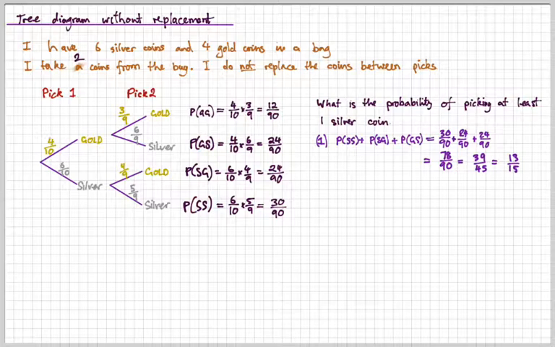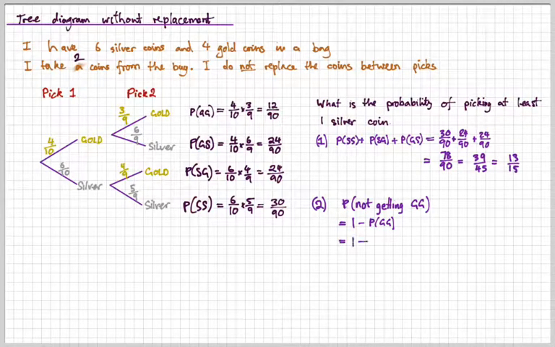There's a second option though. You might have done this if you'd paused the video. The probability of getting at least one silver coin is the probability of not getting 2 gold coins. So the probability of not getting 2 gold coins is 1 take away the probability of getting 2 gold coins.